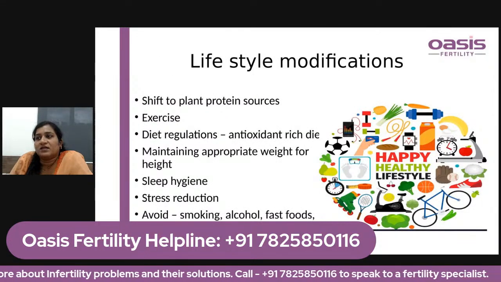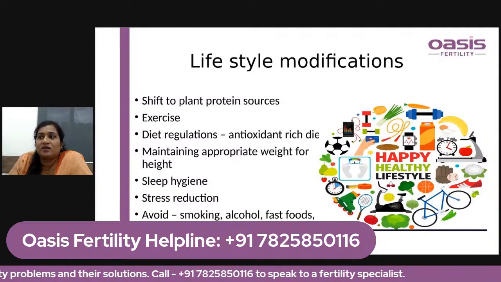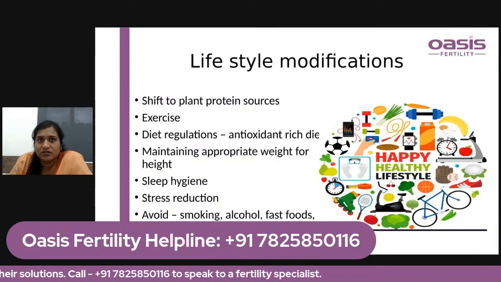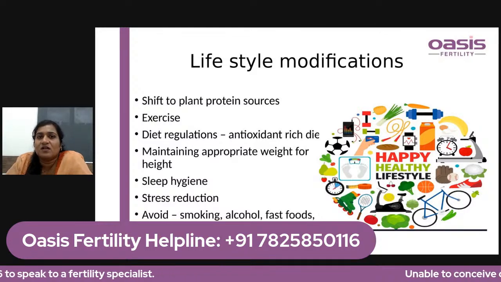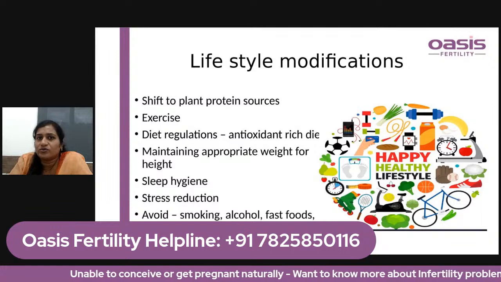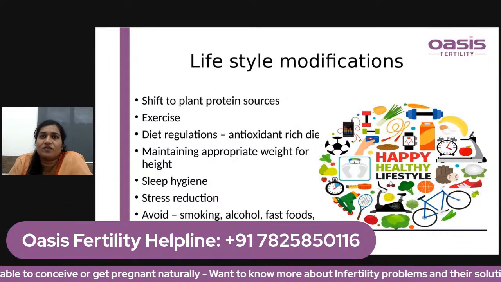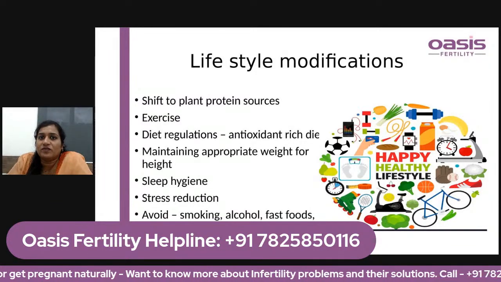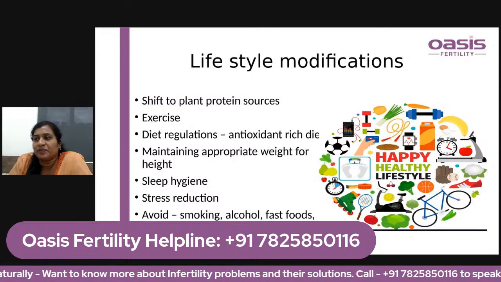Then this is again one of the most important and most often asked questions in the clinic, where the patient, when I give a diagnosis of poor ovarian reserve, is going to ask me how we can improve, what we can do from our side, because whatever we have given you is going to help to some extent. What we can do from our side to improve the egg quality and egg number.